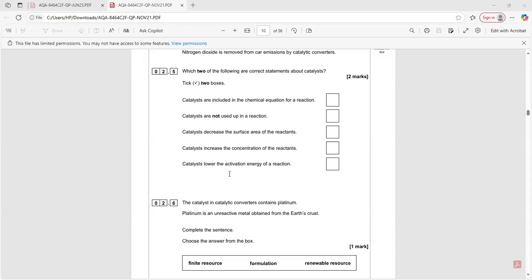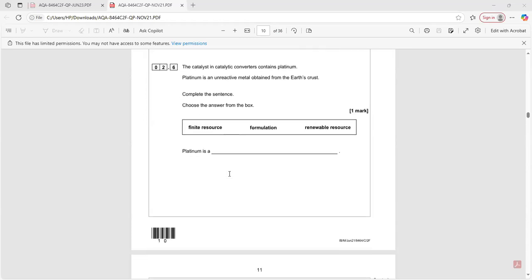Oh, yes. Okay, good. The next one says the catalyst in catalytic converters contains platinum. Okay. And platinum is an unreactive metal obtained from the Earth's crust. It says what? Platinum is a finite resource, it's a formulation, it's a renewable resource.